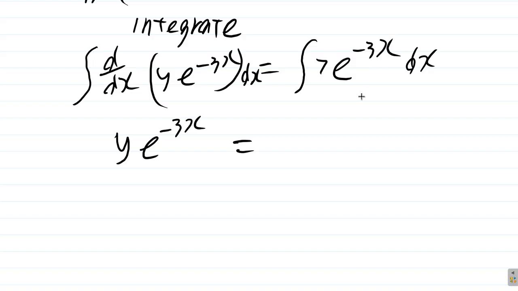When you integrate e to the negative 3x, you're integrating a function of a function, where the inside function is negative 3x and the outside function is e to the power of that.